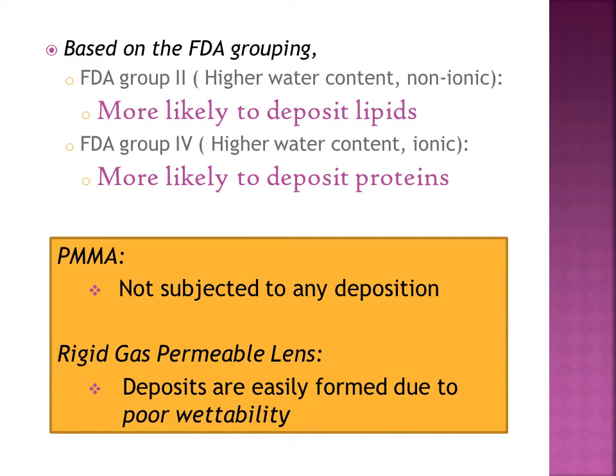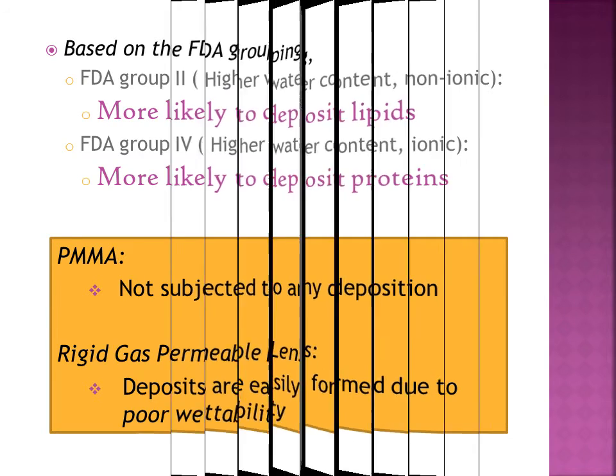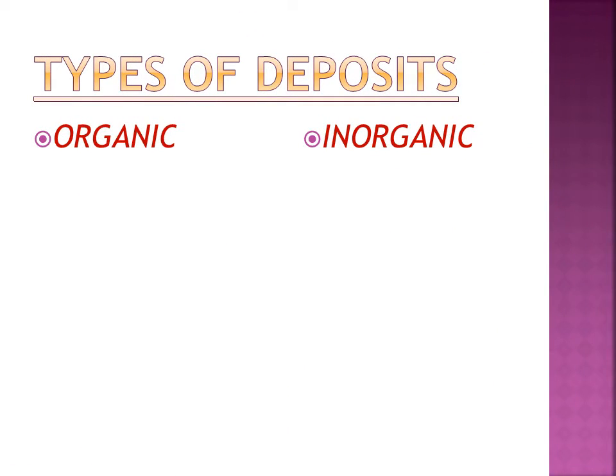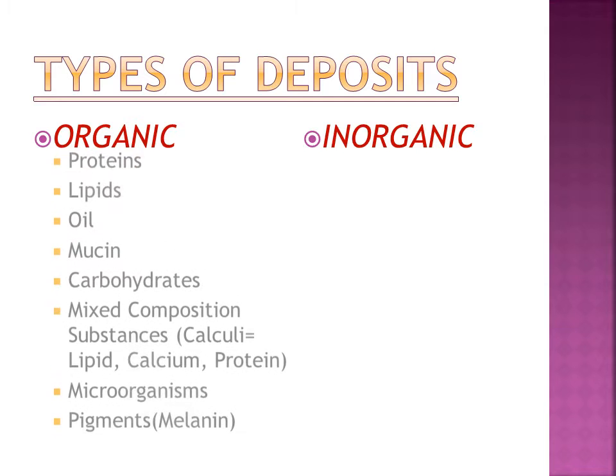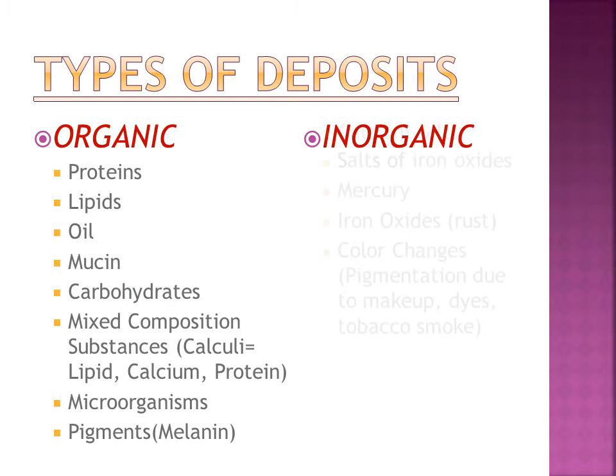However, do you know that PMMA lenses are not subject to any deposition? Whereas in rigid gas permeable lenses, deposits are easily formed due to poor wettability. There are two types of deposits, the organic and inorganic.